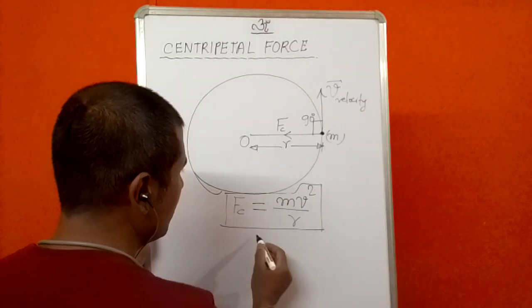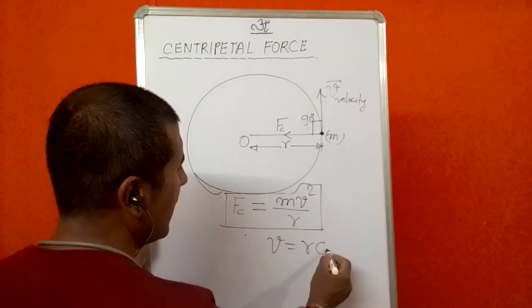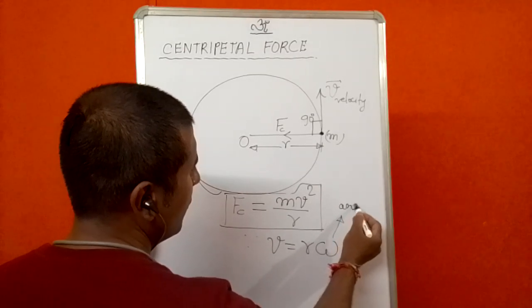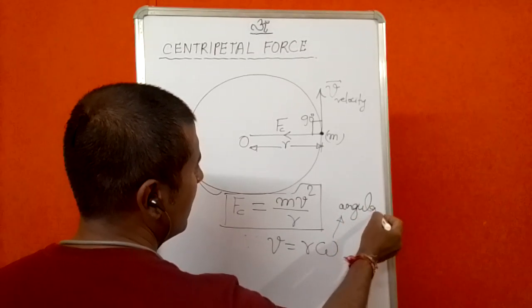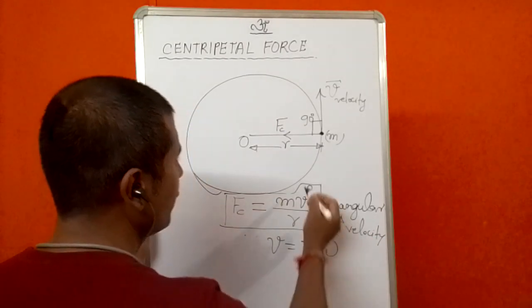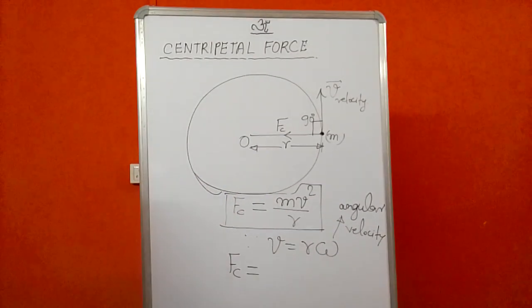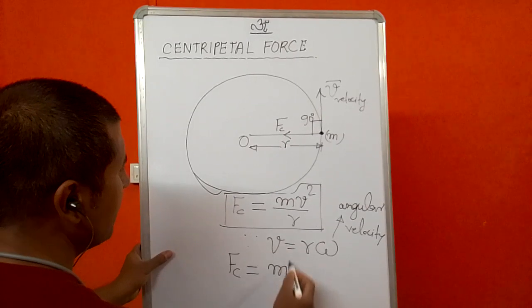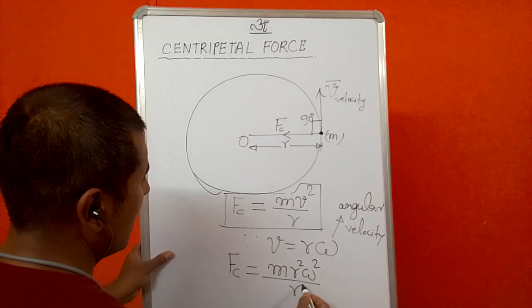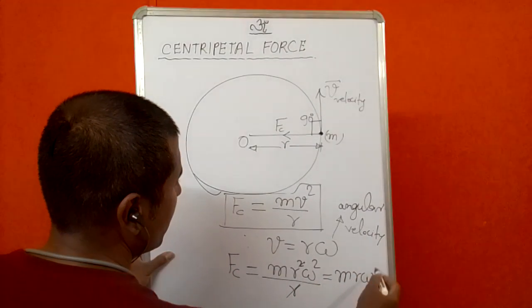Now as we know, since v is equal to r omega, and what is omega? Omega is angular velocity, right? So if you replace it here, then we will get Fc is equal to m times r square omega square upon r, and hence we got m r omega square.